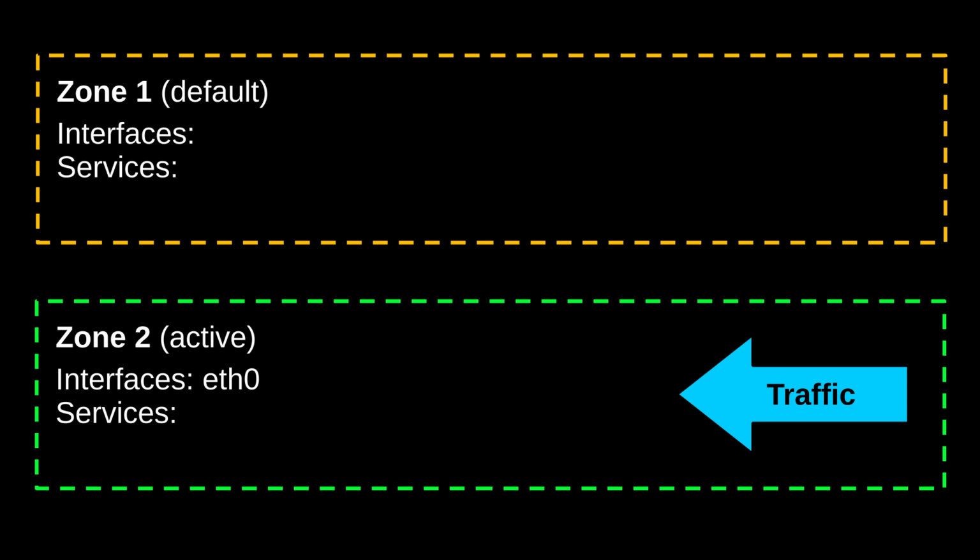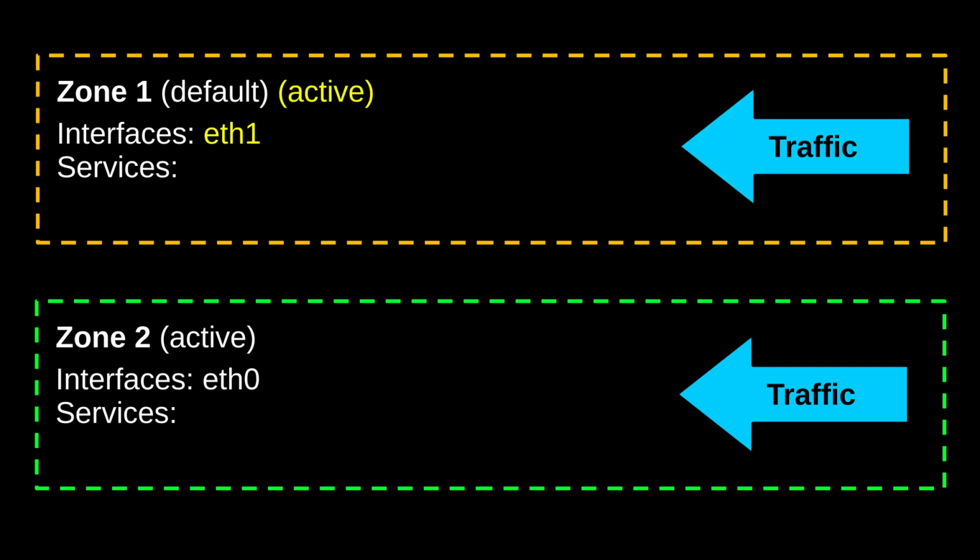While at the same time, our default zone, whatever it might be, if it doesn't have an active interface already assigned to it, it's going to be sitting around waiting for a new unconfigured interface to come along. Like that could be adding a network card to our machine, something like that. And then it'll get auto-assigned to that default zone.